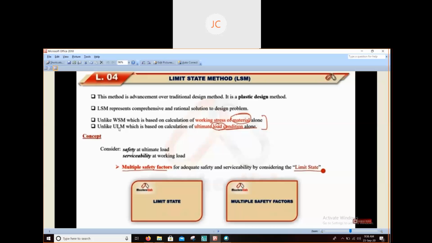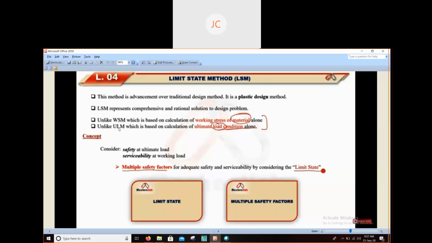We have three different methods: working stress method, ultimate load method, and limit state method. And the best one is the one which we are currently using, which is our limit state method. So that's why it is the best method.